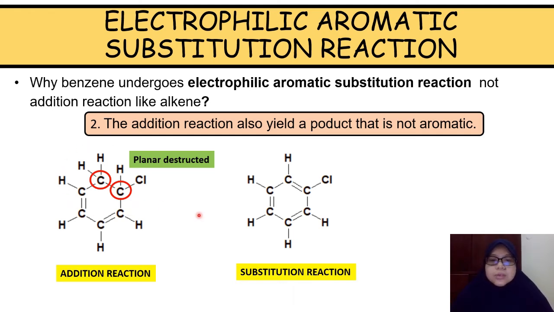Compared to the substitution reaction, when we only substitute the hydrogen by another electrophile, we see at this carbon the planar structure is retained. So this compound is still an aromatic compound. That's why our aromatic ring does not undergo addition reaction, but it undergoes substitution reaction.